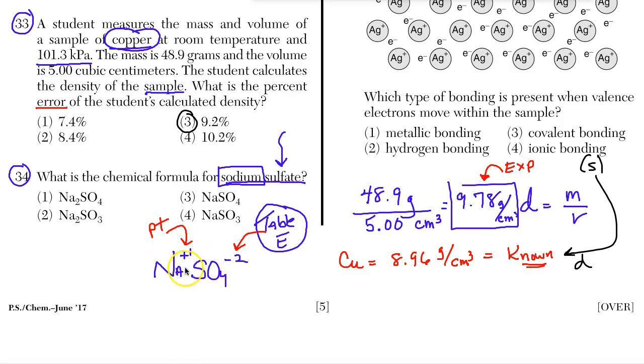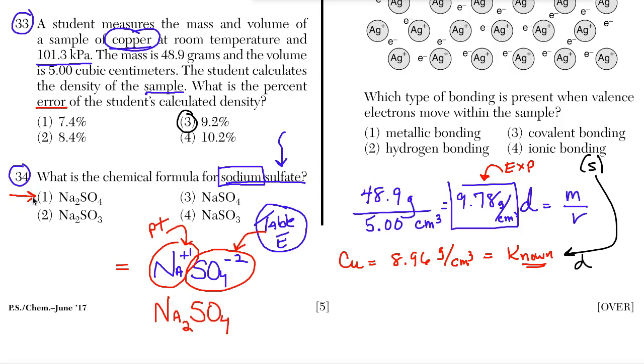This whole sulfate is -2, and sodium's +1. So to make a neutral compound, I need 2 sodiums, a coefficient of 2 to make +2, and 1 sulfate. And there's where I get Na2SO4, and that's why choice 1 is the right answer.